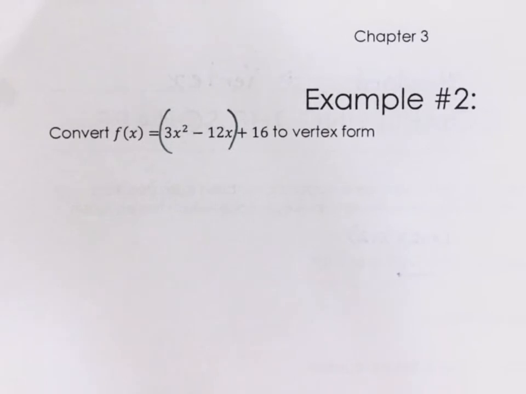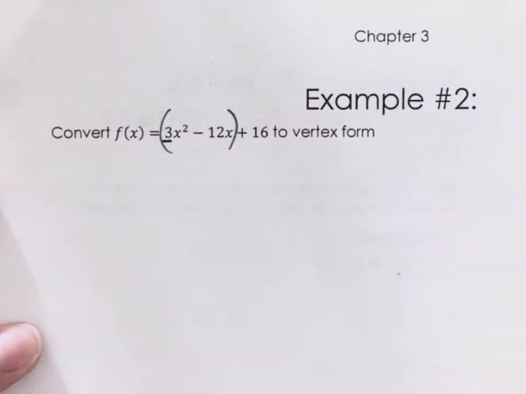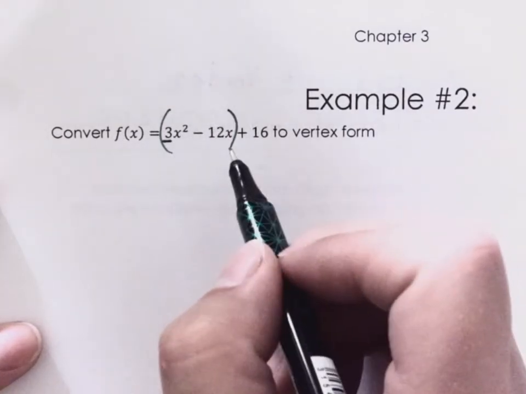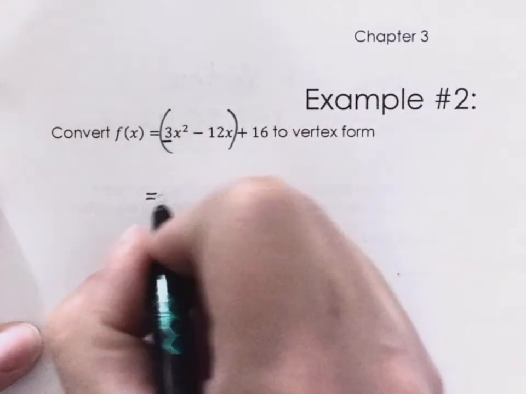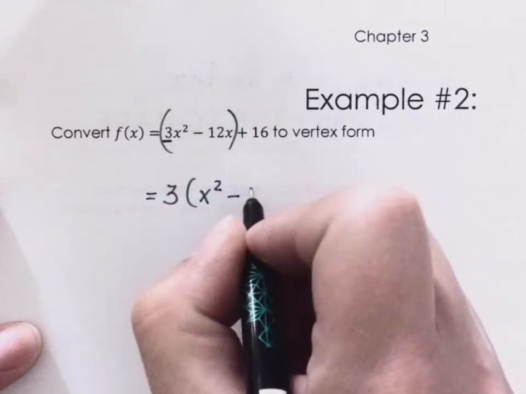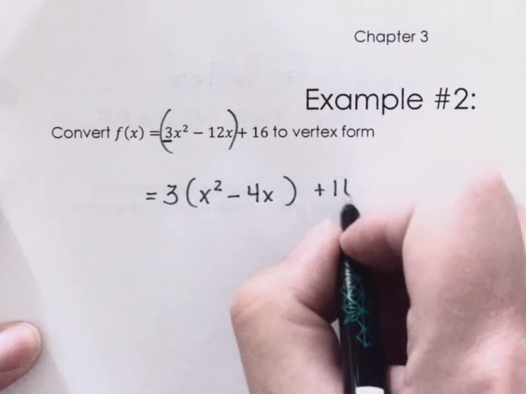Step 2 is to common factor out the coefficient on the x squared. So 3 gets common factored out. You do not do it to the 16. You just do it to what's inside the brackets. So we're going to have 3 on the outside, and we're going to have x squared minus 4x plus 16.